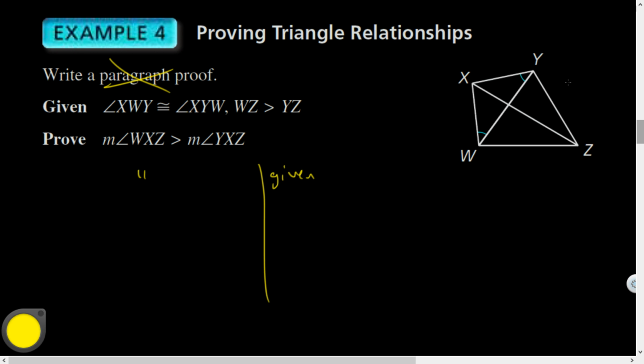Prove that angle WXZ is greater than angle YXZ. I feel like I'm missing one other piece of information.